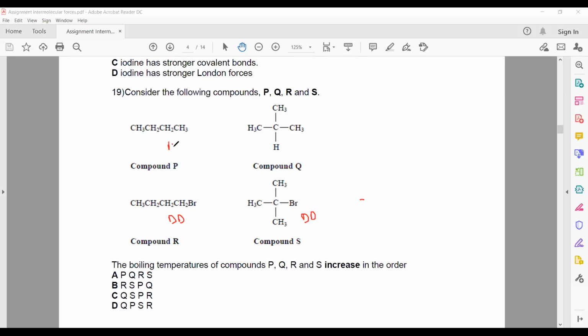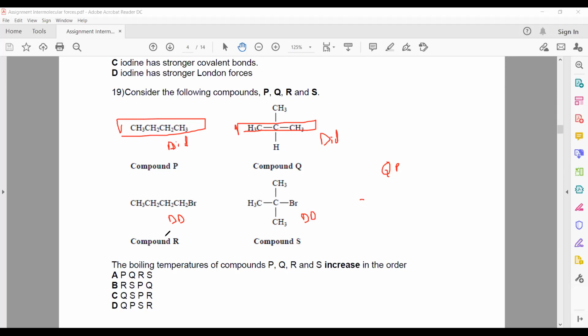This will have induced dipole force. If an equal number of atoms are there, then induced dipole forces are weaker. Both have induced dipole force, but which one will have weaker induced dipole force? Compound Q. Why compound Q? Because it is branched, so less surface area. This is a straight chain, so more surface area, large surface area. So first, the lowest boiling point will be Q followed by P.